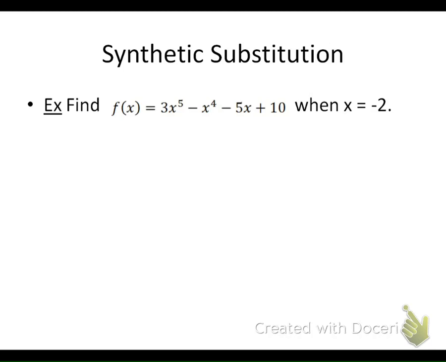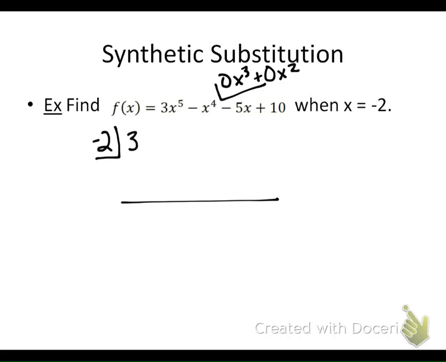What's all missing? We're missing cube, square. So I start out with a box and a line, plugging in the negative 2. What do I have? 3, negative 1, 0, 0, negative 5, and 10. Try the method. Let's bring down the leading coefficient.